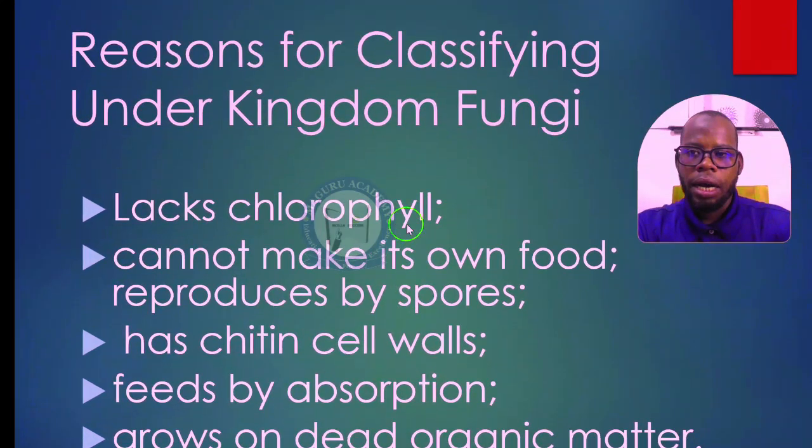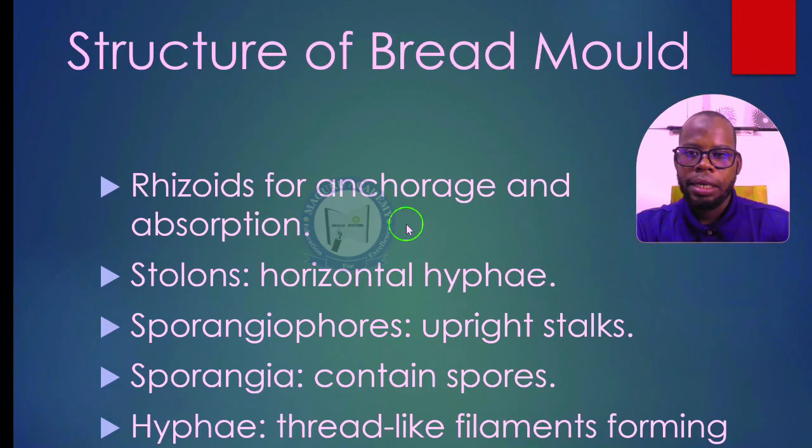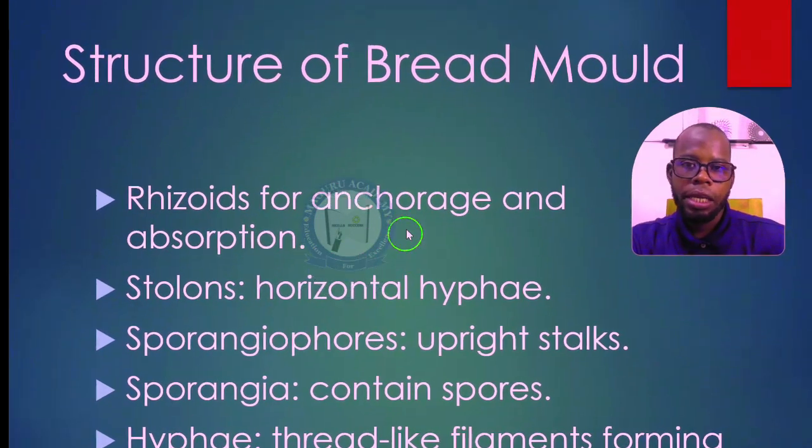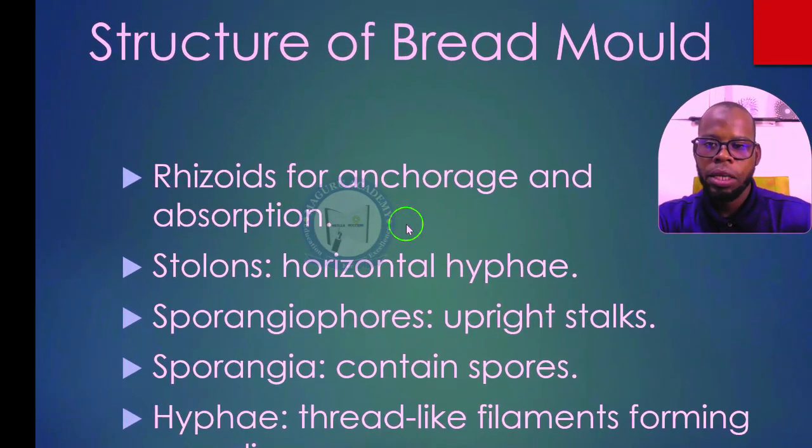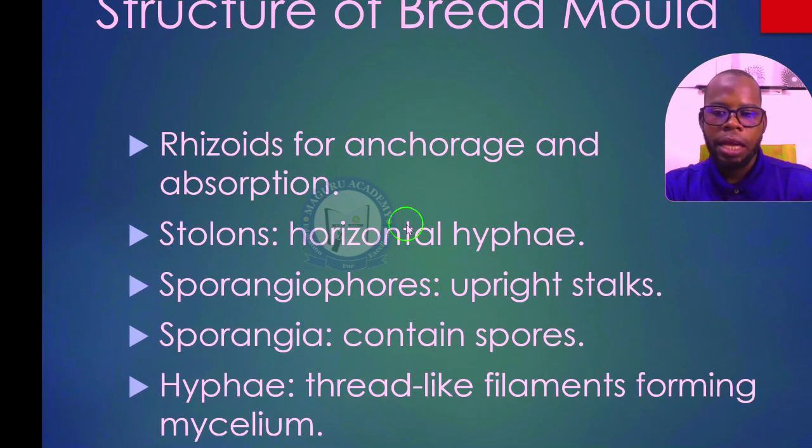Let's go to another concept: the structure of the bread mold. It has rhizoids for anchorage and absorption. It has a stolon, which is a horizontal hypha. It has sporangiophores, which are upright stalks, while sporangia contain spores.